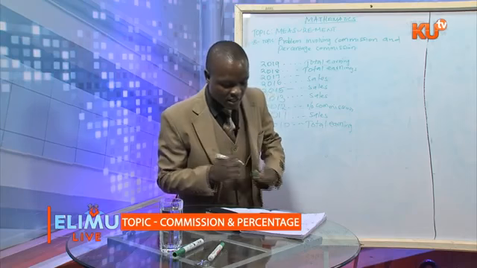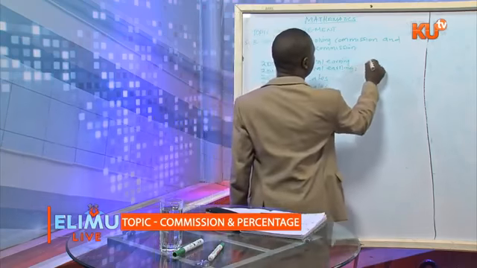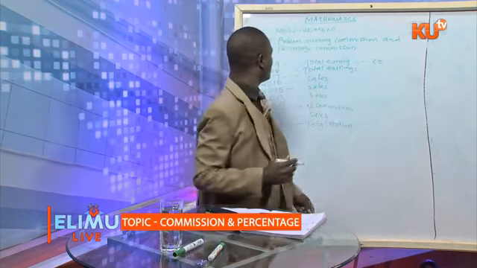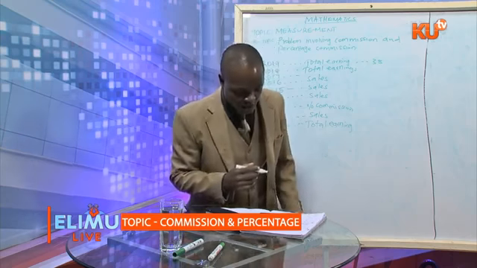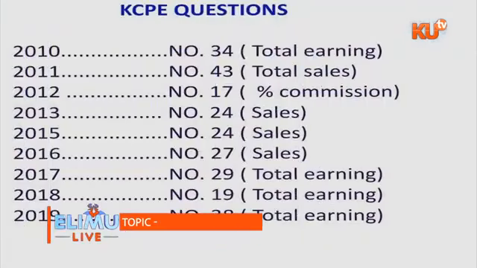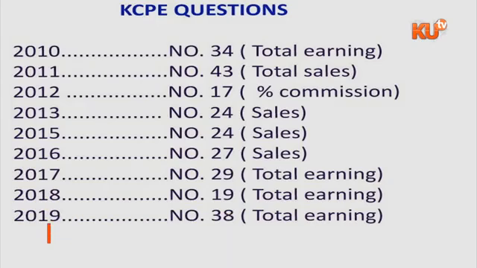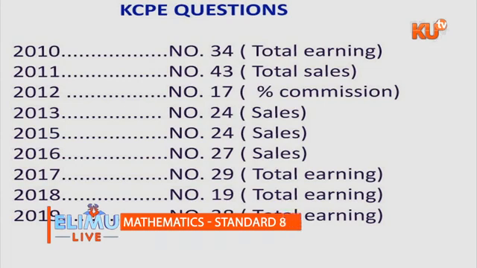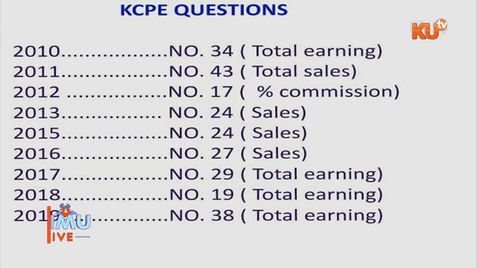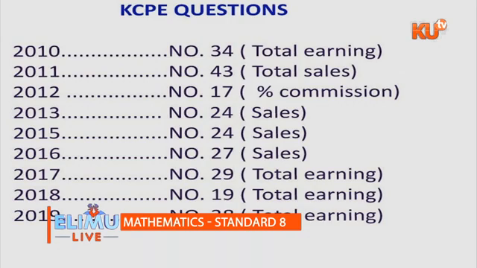Now, in 2019, the question was number 38, and in 2018, it was number 19, for those who might be asking where these questions are. In 2016, it was number 27. 2015, number 24. 2013, number 24 again.